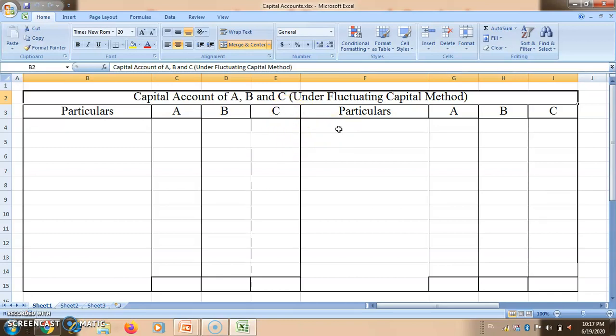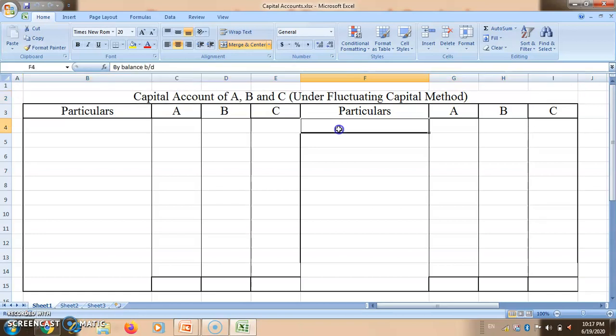We know that it is a personal account. A personal account will have an opening balance, and in the case of capital the opening balance will be on the credit side. What is the opening balance here? It is given in the question that A, B and C have capital. For A, how much was given? 1 lakh.